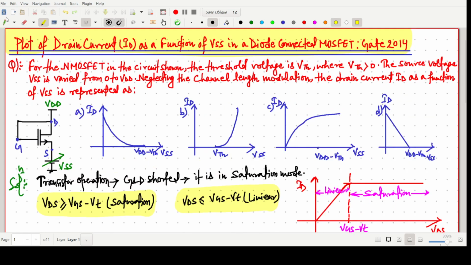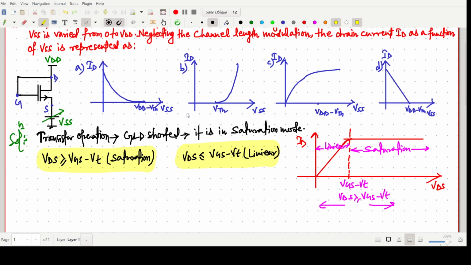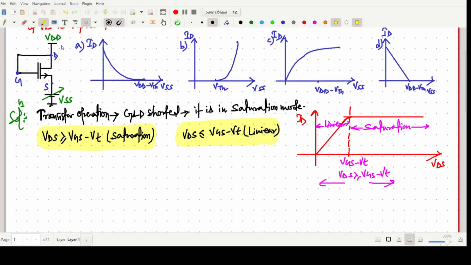In this case, gate and drain are shorted, so it is diode connected. So we can easily say VD is greater than VG minus VS minus VT.